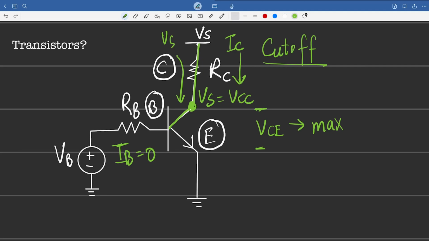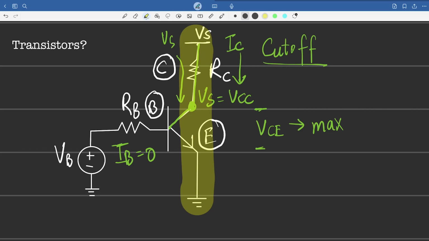So we can say that this whole thing over here is basically an open circuit. In the cutoff region, the whole circuit behaves as an open circuit. Why? Because there is no voltage drop over here. So the voltage over here is going to be the same as the voltage over here, and we're going to have maximum VCE.